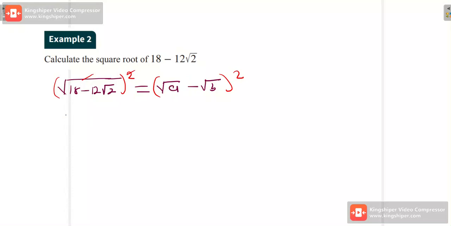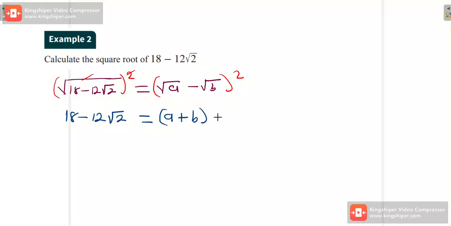So we are going to have 18 minus 12 root of 2, and that should be equal to, let's square each of the terms. So root of a squared is a. It will still be plus, because negative root of b squared is still a positive number, which will be b.